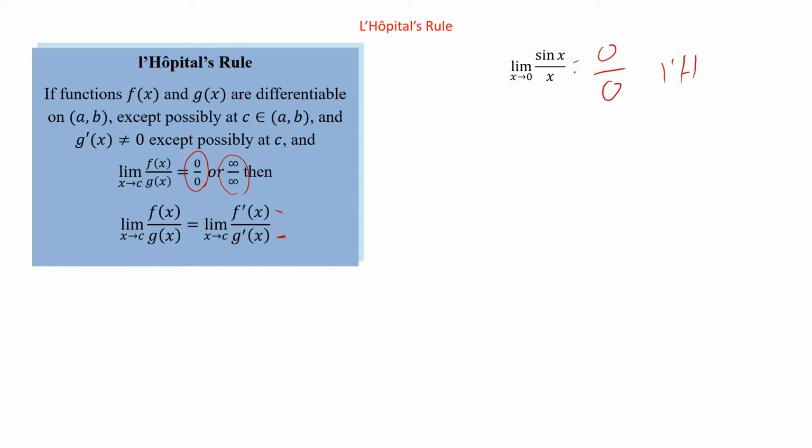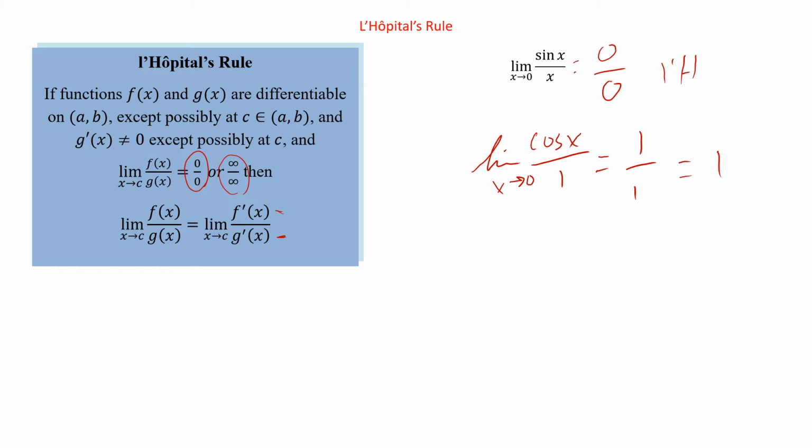The derivative of sine x is cosine x. The derivative of x is 1. Then we can take the limit, the exact same limit we had. X goes to 0. Plug it in. Cosine of 0 is 1 over 1, which just equals 1.